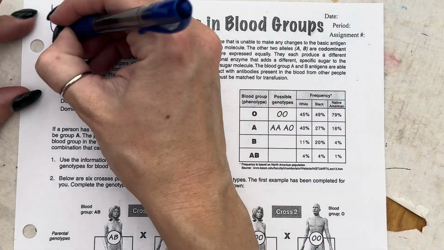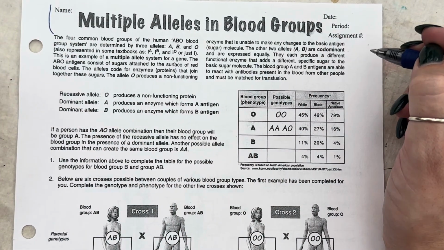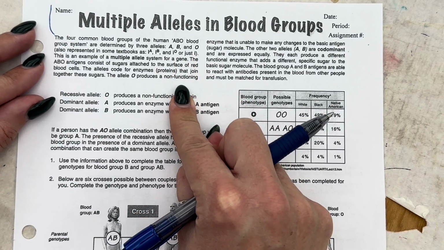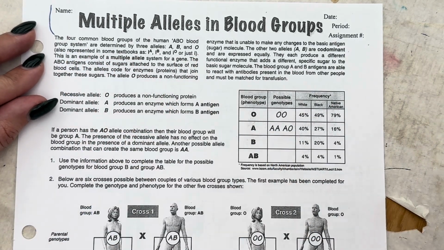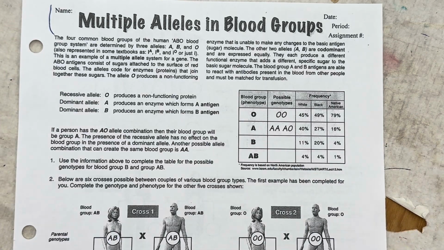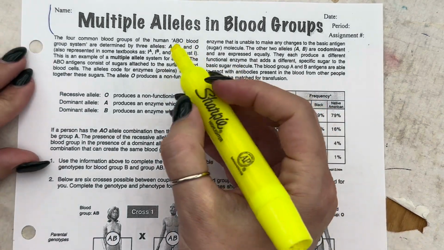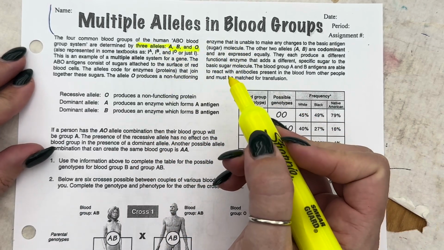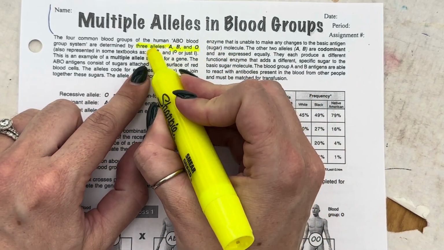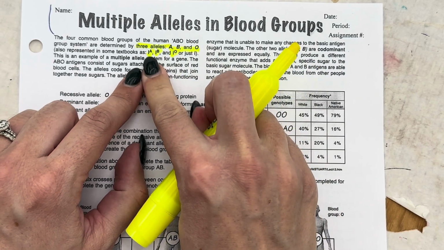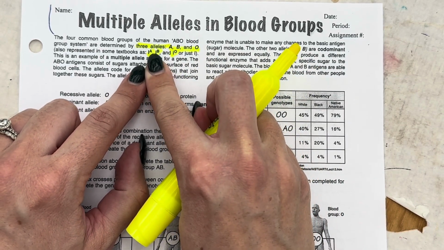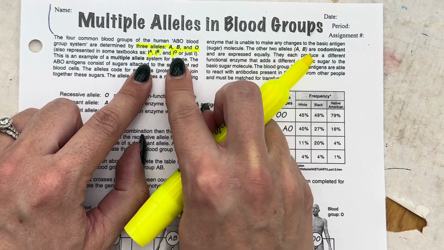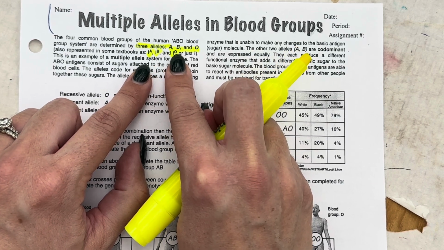Go ahead and make sure you fill in your name, date, period, assignment number, and then let's take a read for our intro paragraph. The four common blood groups of the ABO blood group system are determined by three alleles. So we have A, B, and O alleles. Sometimes these alleles are represented as capital I with an A exponent, capital I with a B exponent, and a lowercase i with an O exponent.